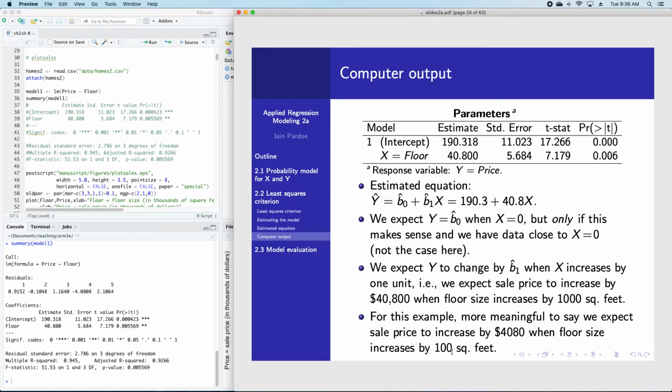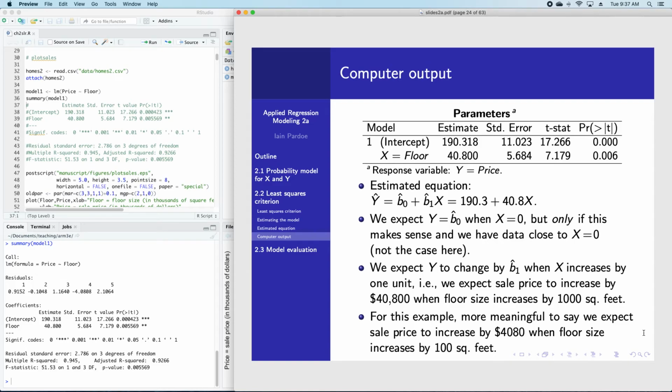So if 2 houses differ by 100 square feet, the one that's larger by 100 square feet would on average have a sale price that was higher by $4,080. And where I'm getting that from is the 100 square feet: to get from 1,000 square feet, I'm dividing by 10. So I'm doing the same to the 40,800, dividing by 10 to get the 4,080 here.